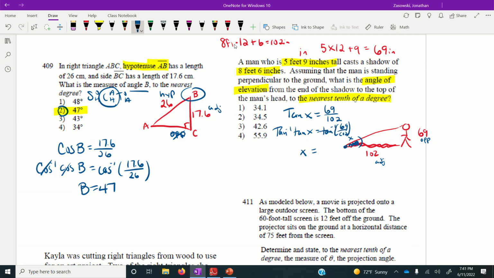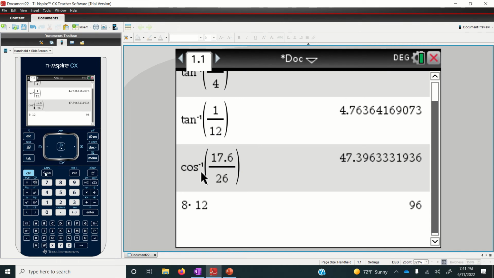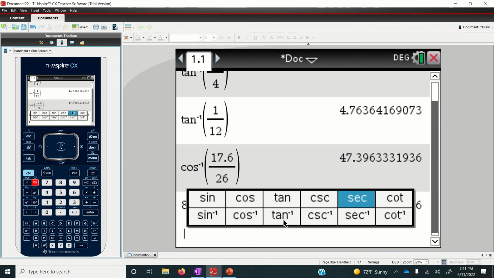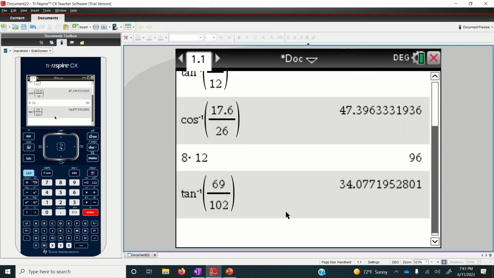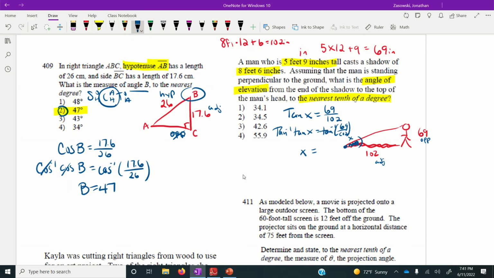So x is equal to, we're going to hit trig, go to tangent inverse, type in our fraction, 102 though, not 120, and we're going to get 34.1. All right, and that is our answer. Okay.